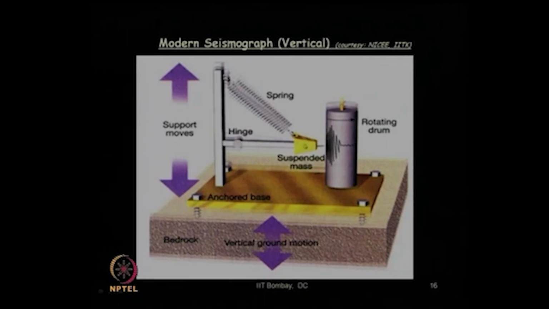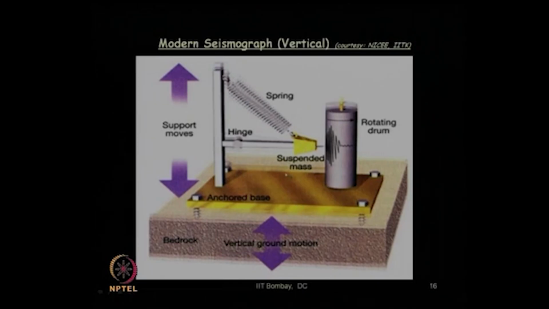Once it moves, the tip of the pen or pencil will record this kind of motion on the paper. Whenever there is no vertical movement, it will be almost straight, with little undulations because of, as I have mentioned, local disturbance or instrument signaling.